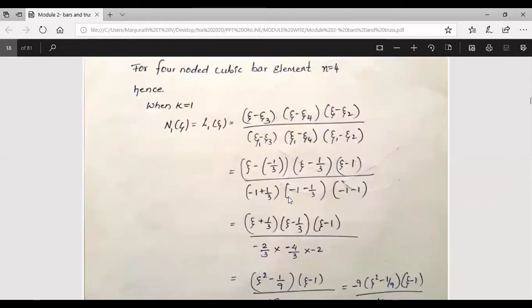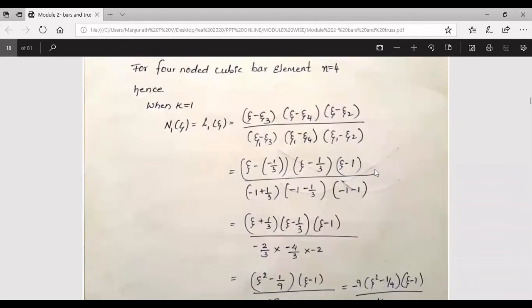Now substituting all the values of zeta 1, zeta 2, zeta 3, zeta 4. You can see zeta 3 value is minus 1 by 3, zeta 4 value is 1 by 3, and zeta 2 value is plus 1. Similarly, zeta 1 value is minus 1, zeta 3 value is minus 1 by 3, then this becomes plus 1 by 3, then zeta 1 again minus 1, zeta 4 is 1 by 3, again zeta 1 is minus 1, zeta 2 is plus 1.